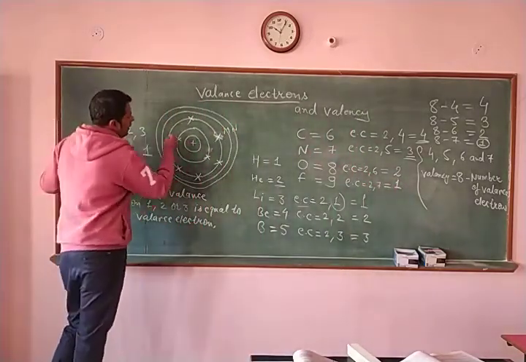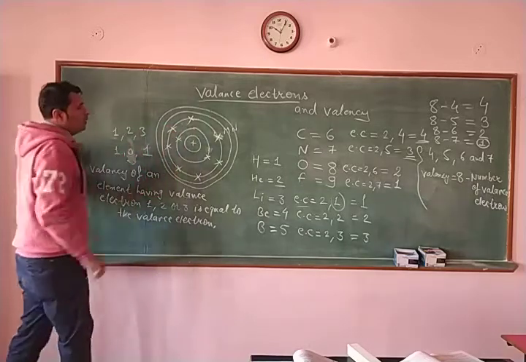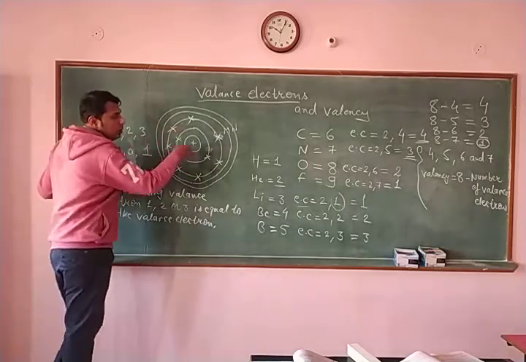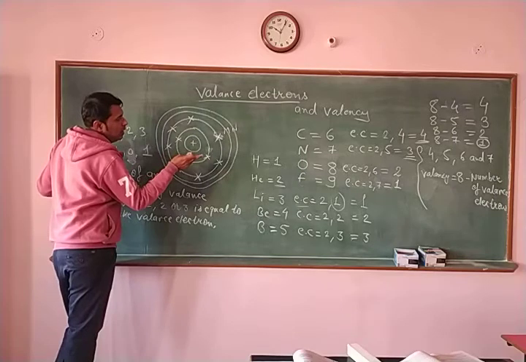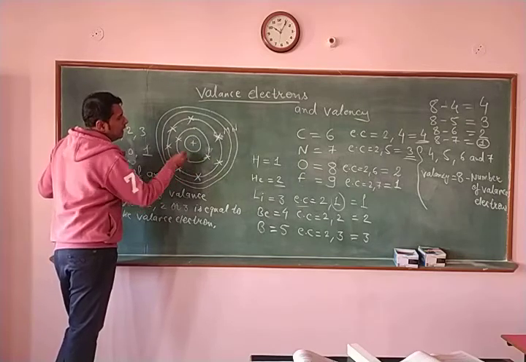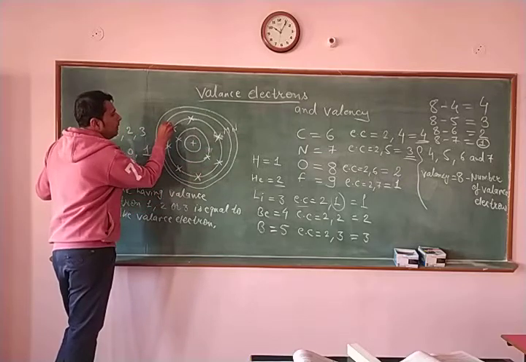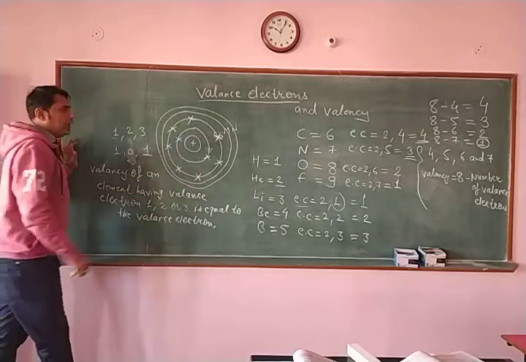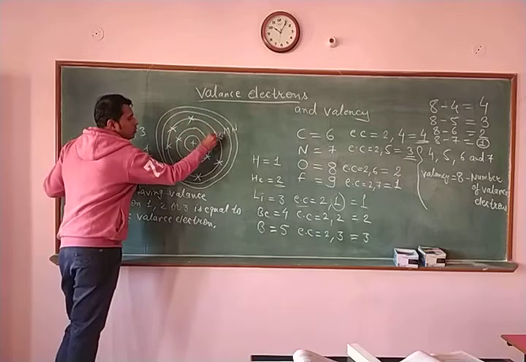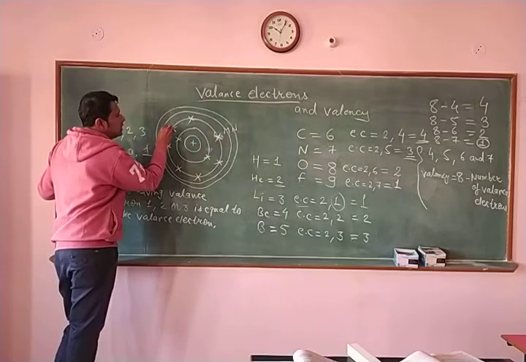Now let us draw the structure of fluorine. So this is for fluorine. If I count the total number of electrons in the shells of fluorine, that is 1, 2, 3, 4, 5, 6, 7, 8, 9. And in the outermost shell there are 1, 2, 3, 4, 5, 6, 7.